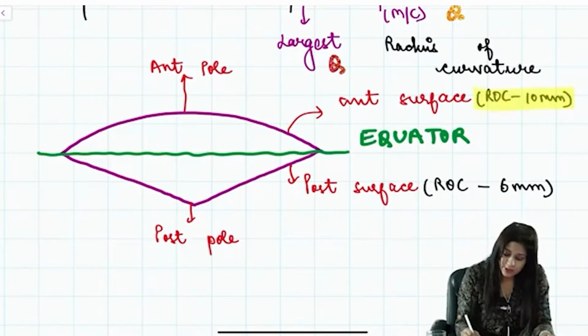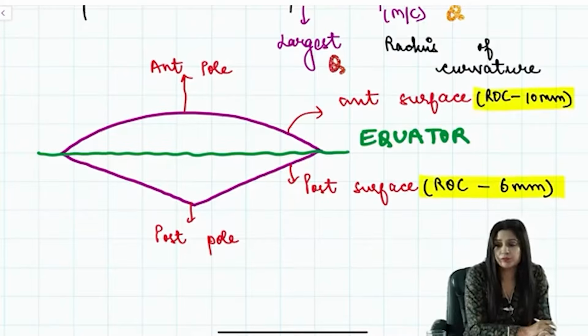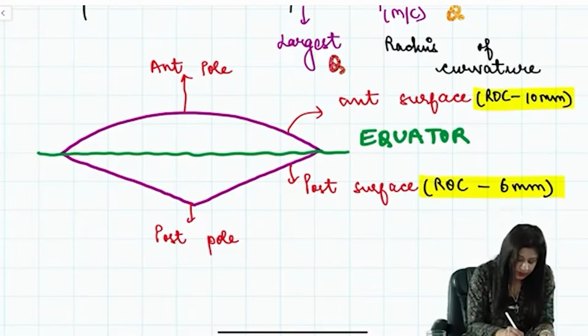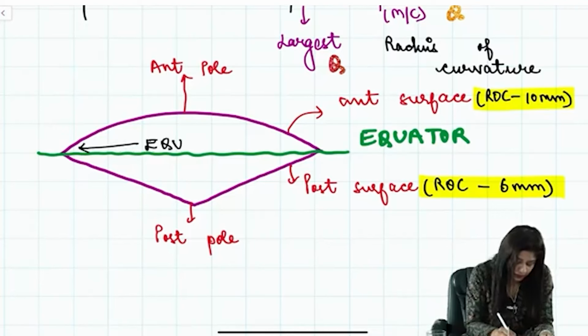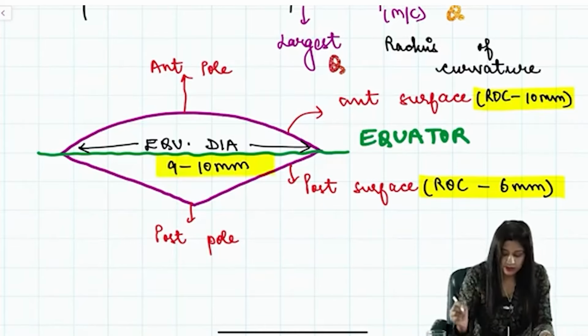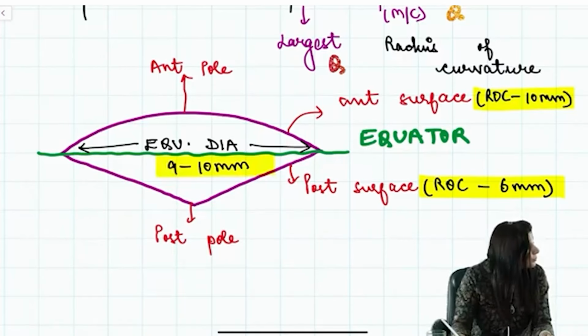This is 10 mm, this is 6 mm. Then the equator's diameter, this is the equatorial diameter. Equatorial diameter, this one is 9 to 10 mm.